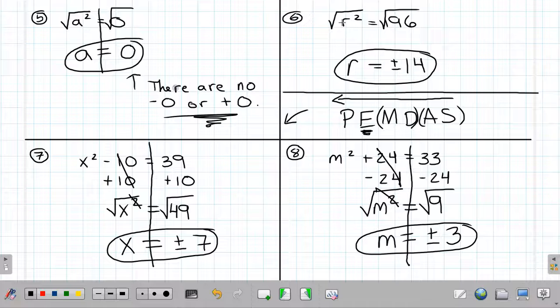It's telling you this number squared is equal to 196 for number 6. There are actually two numbers that when you multiply them times themselves give you 196, and that's both positive 14 and negative 14. So that's why every single one of these equations has two answers, besides one like number 5.